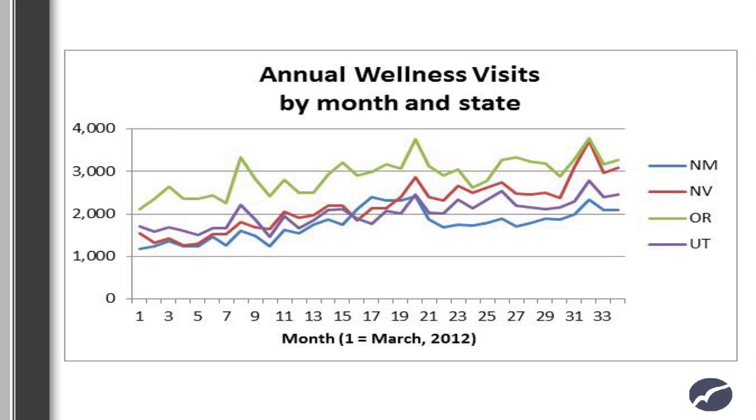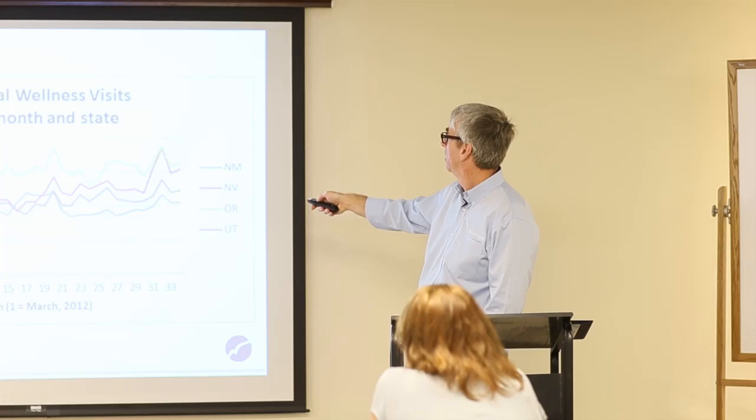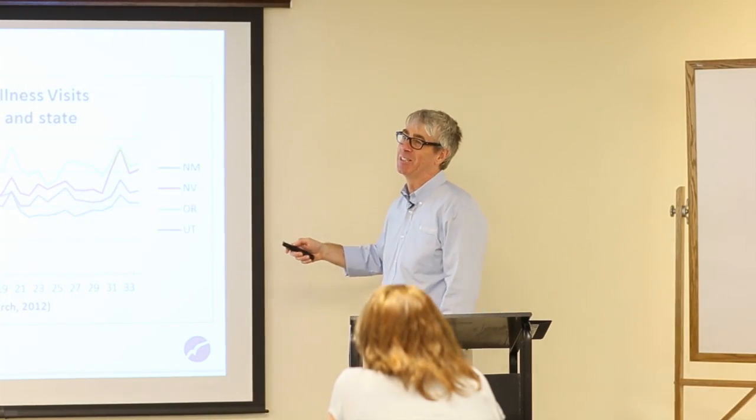So here's what's going on. Beginning in March of 2012, which is about the first time we got data, here's what's going on in our states. Annual wellness visits. Here's Nevada, the red line. See, there's a spike. Guess which month that happens in? January? No. December? No. October. Flu season.